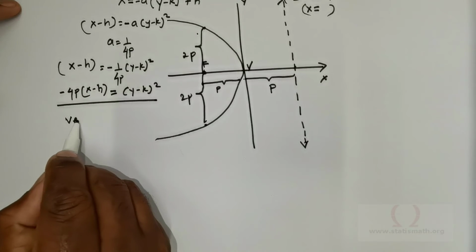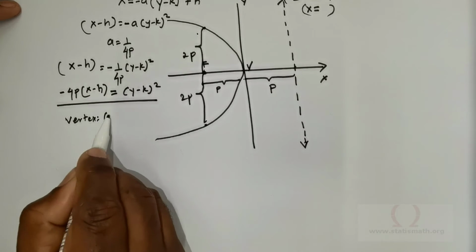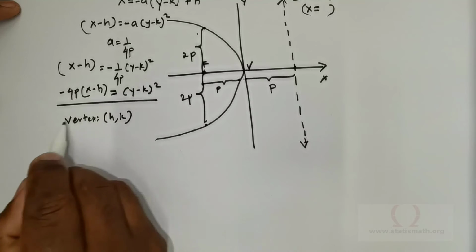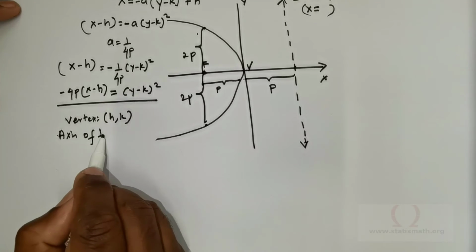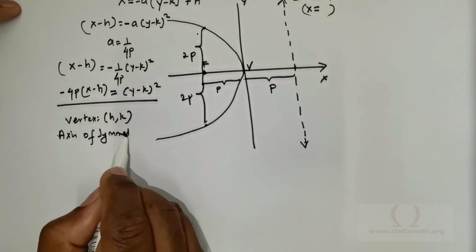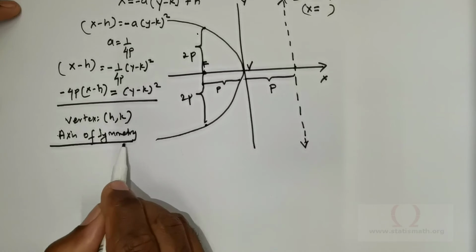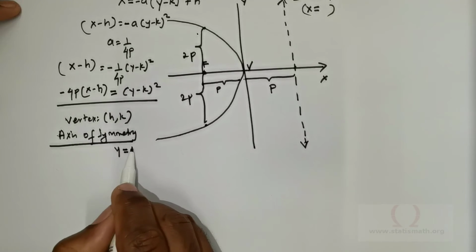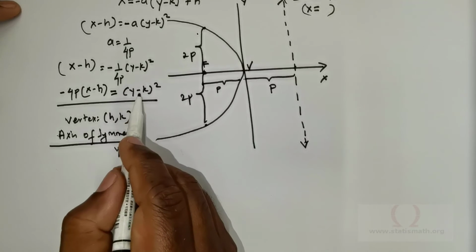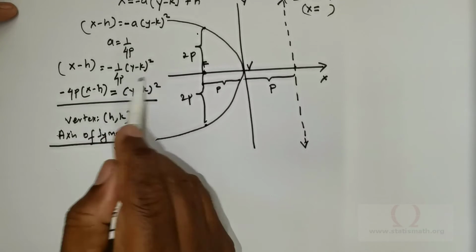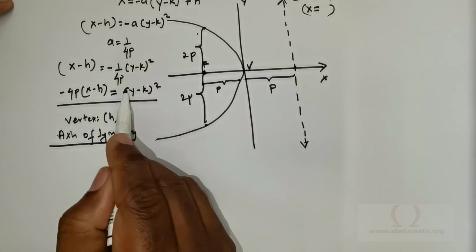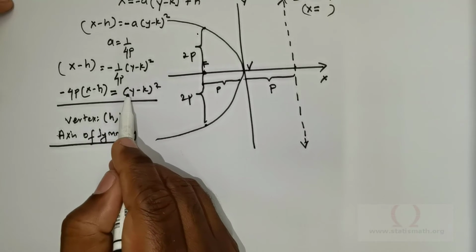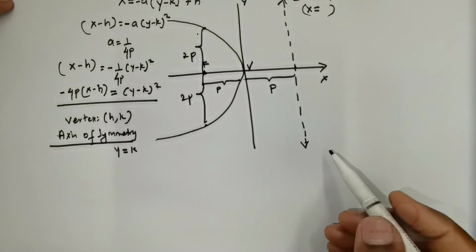Now the vertex in this case is going to be h comma k, and the axis of symmetry in this case is going to be y is equal to k. So you obtain the axis of symmetry from this equation, specifically from the right side, which is (y minus k) raised to the power 2.